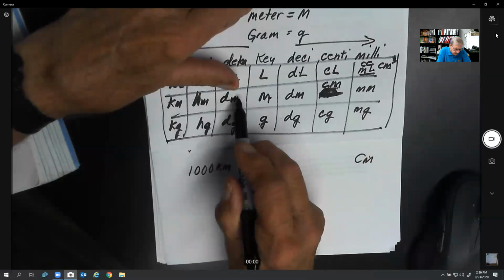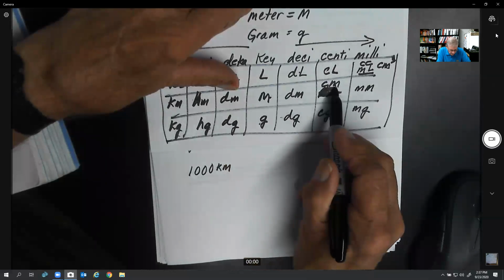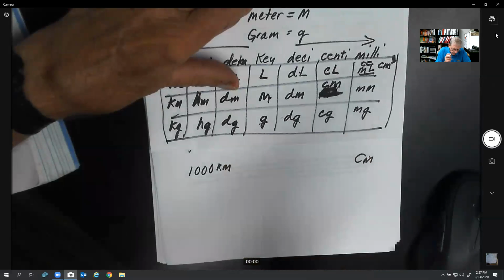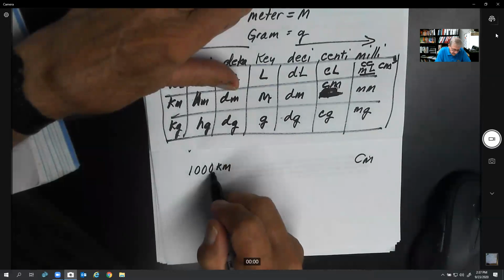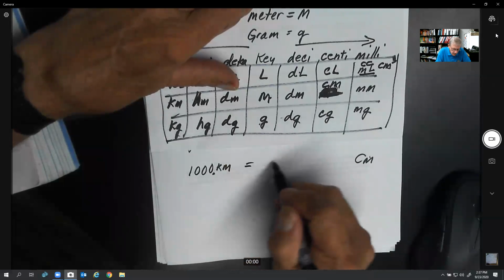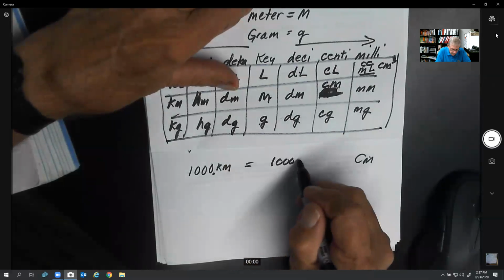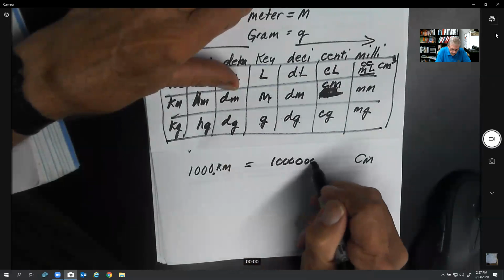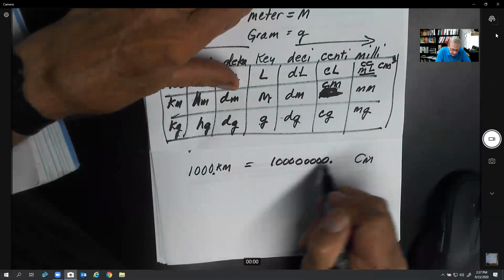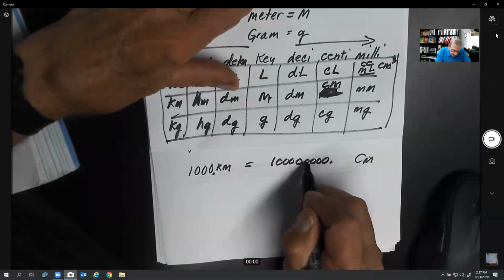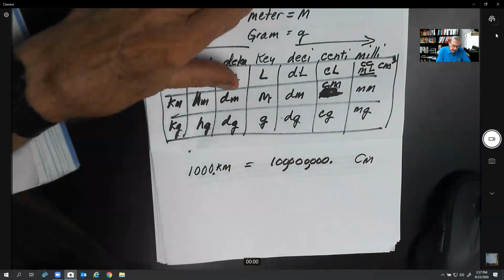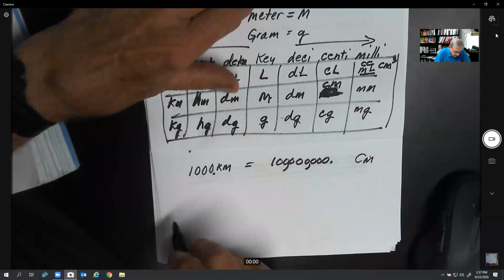I'm going to end up 1, 2, 3, 4, 5 on centimeters. I'm going to move my decimal point, which is behind here, 5 places. 1,000. And now 5 places. 1, 2, 3, 4, 5 decimal point. So that's a lot. 100 million centimeters.